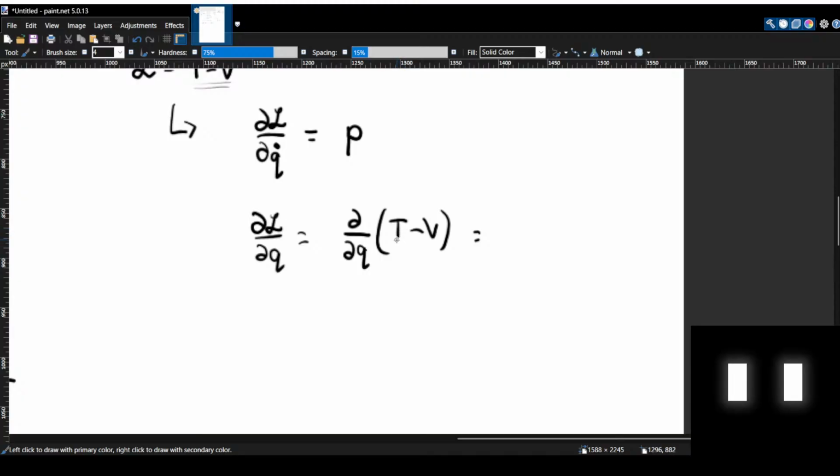It only depends on the velocity. So that means this term becomes 0 when you take the derivative. So what you have left is this term. So we're going to have negative partial V by partial Q.